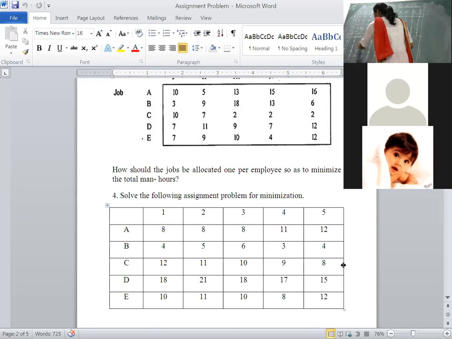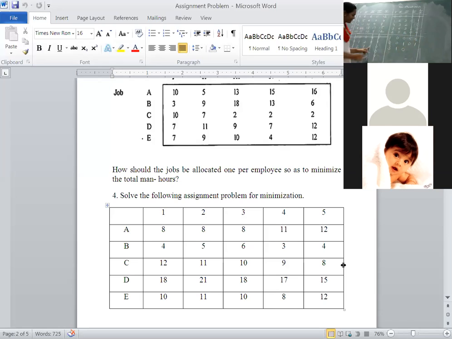In this, among all uncovered elements, the minimum element is 1, right? At the intersection point, add that one, 0 plus 1. Remaining cases, 0, 0, 4 plus 1, 5. 5 plus 1, 6. Here, 0. 1 minus 1, 0. 2 minus 1, 1. 0, 1. 3. 2 minus 1, 1. 1 minus 1, 0.